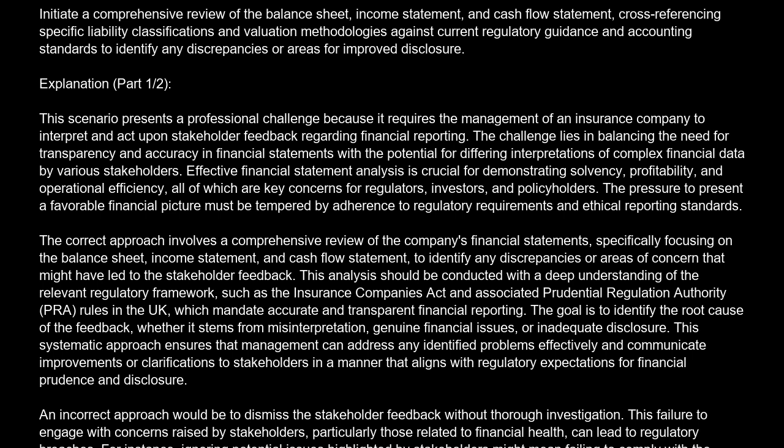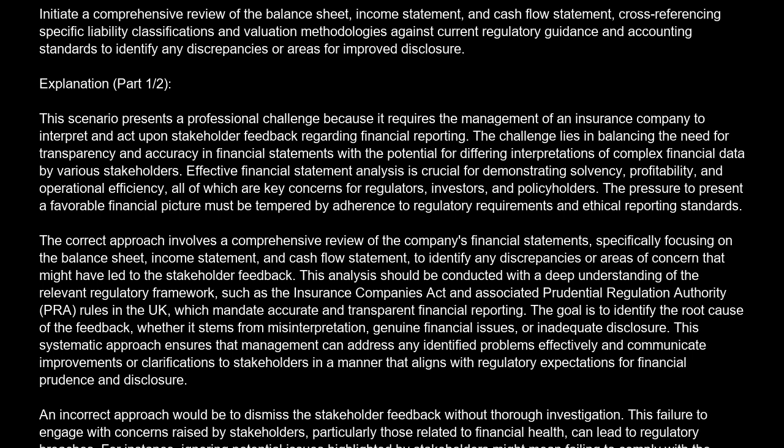and ethical reporting standards. The correct approach involves a comprehensive review of the company's financial statements, specifically focusing on the balance sheet, income statement, and cash flow statement, to identify any discrepancies or areas of concern that might have led to the stakeholder feedback. This analysis should be conducted with a deep understanding of the relevant regulatory framework, such as the Insurance Companies Act and associated Prudential Regulation Authority (PRA) rules in the UK, which mandate accurate and transparent financial reporting.